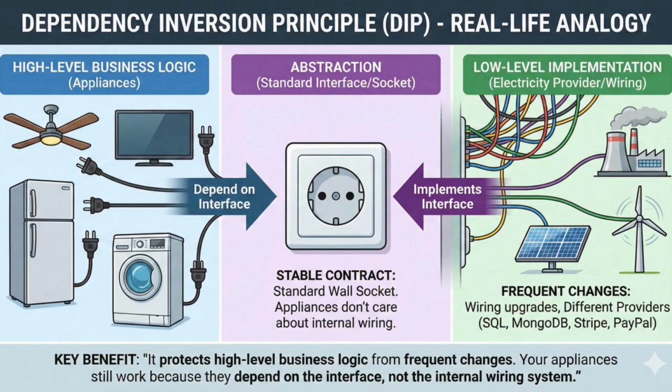Electricity providers can change, wiring may change, infrastructure may upgrade, but your appliances still work because they depend on the interface, not the internal wiring system. This is exactly what dependency inversion does in software architecture. It creates a stable contract that both high-level and low-level modules follow.